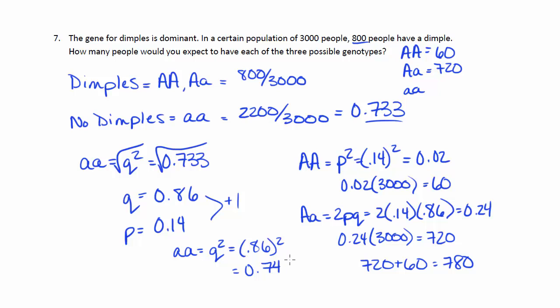If you take that and multiply it by 3,000, you get 2,220. So these are numbers that are very close to Hardy-Weinberg equilibrium as far as what we have in our population.